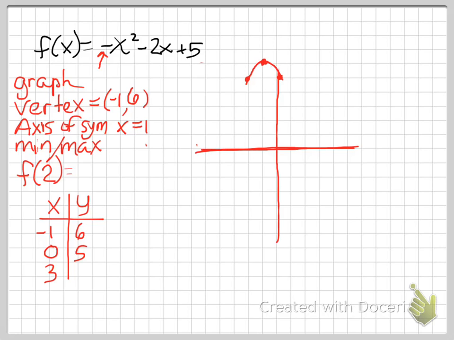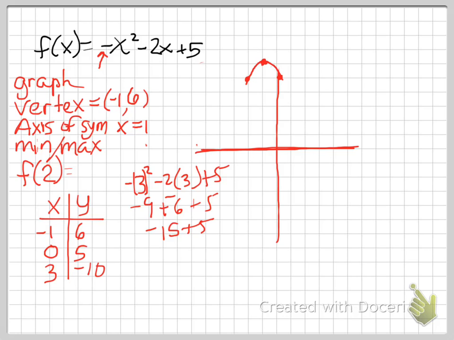So that would be negative 3 squared minus 2 times 3 plus 5. So negative 9 minus 6 plus 5. And that's going to be negative 15 plus 5 is negative 10. 1, 2, 3, 1, 2, 3, 4, 5, 6, and I don't even have enough room.